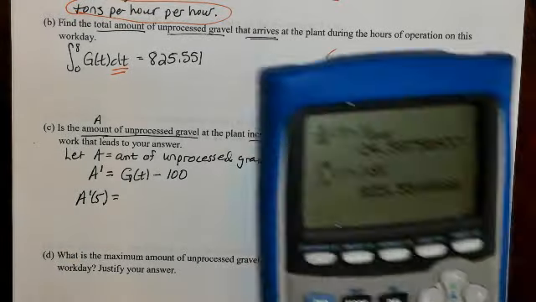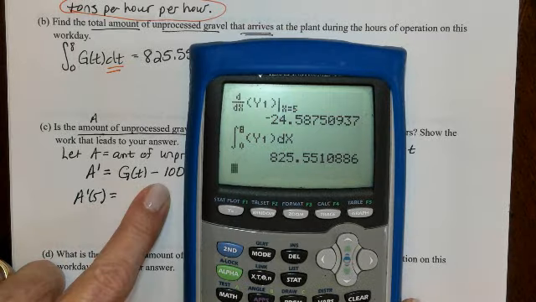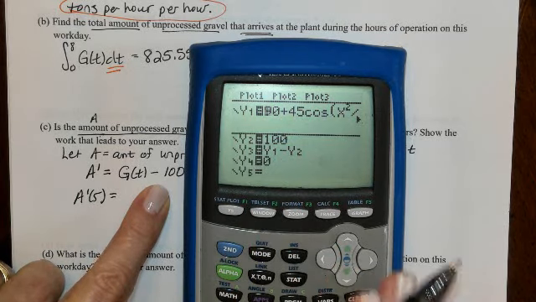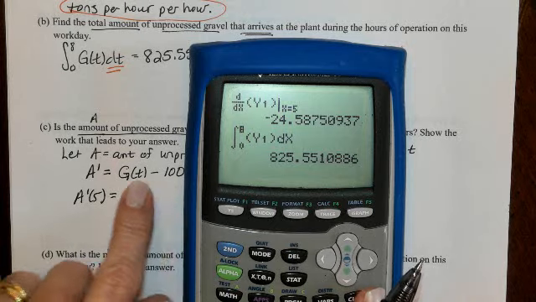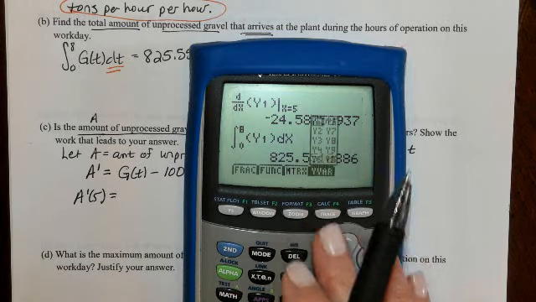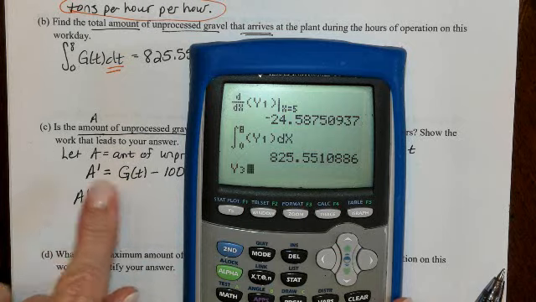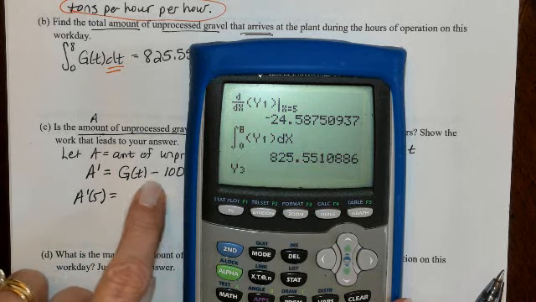I have that in for y3, right? Not the derivative of y3, because the derivative of A is my y3.